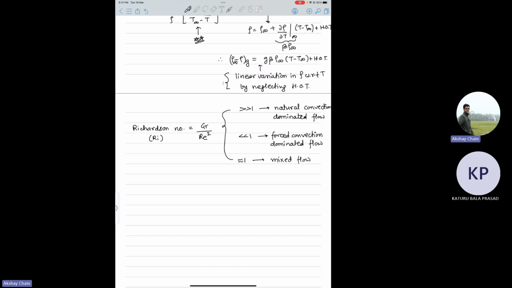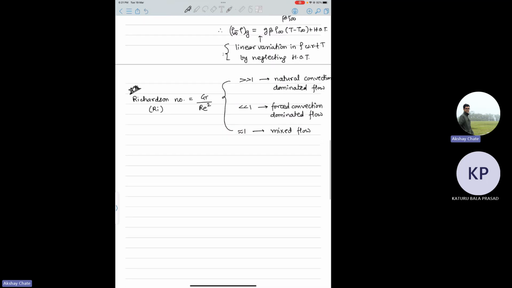So this is an important number that you should know, and you get this number from scaling analysis. You might have seen it in class also; sir also did the same thing. Apart from that, there is the Rayleigh number, typically denoted by Ra.